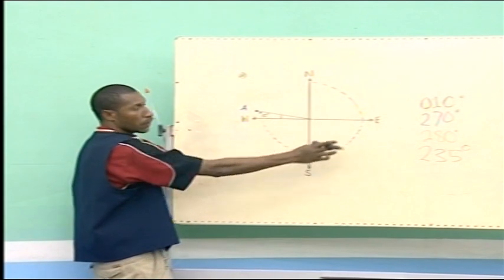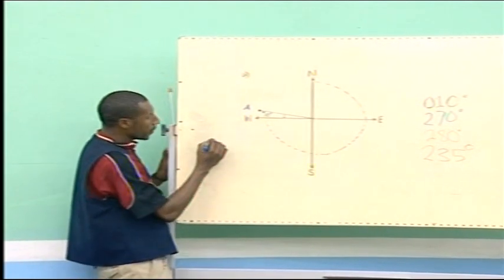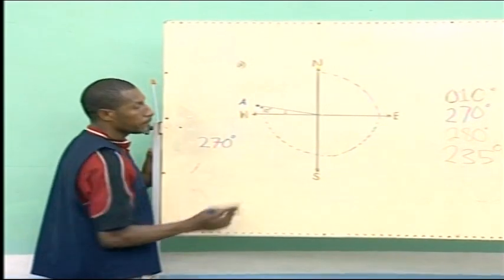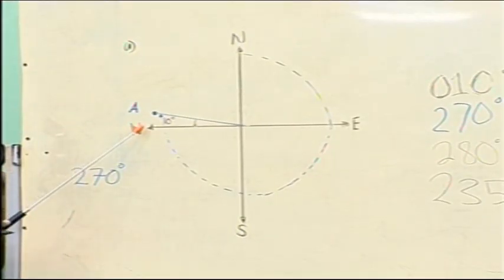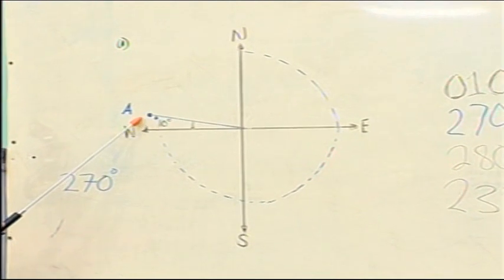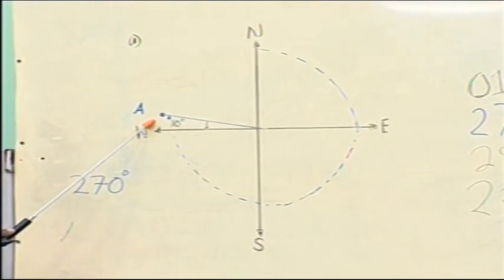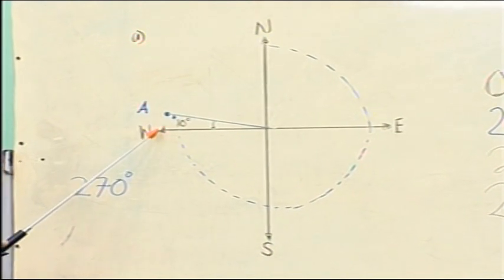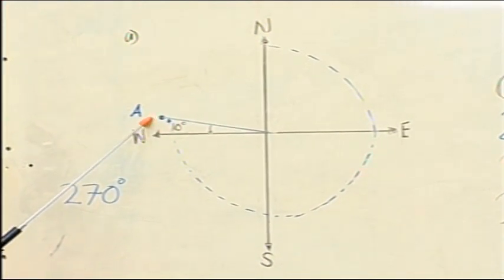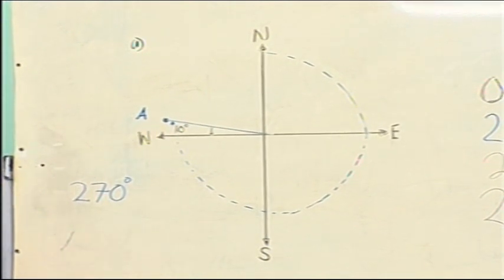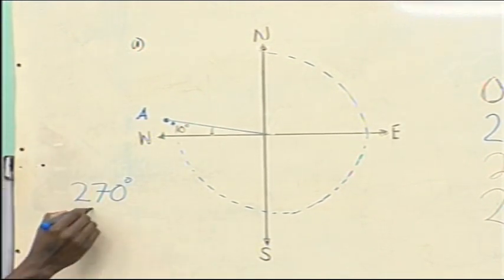From north clockwise to west is 270 degrees. Now our point A is here, just above west. So from west to point A is how many degrees? 10 degrees. So plus 10.